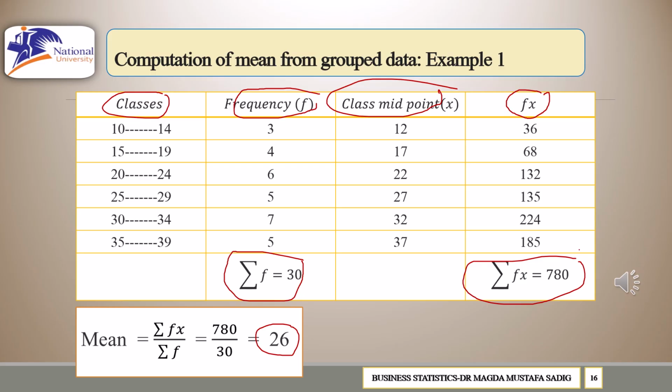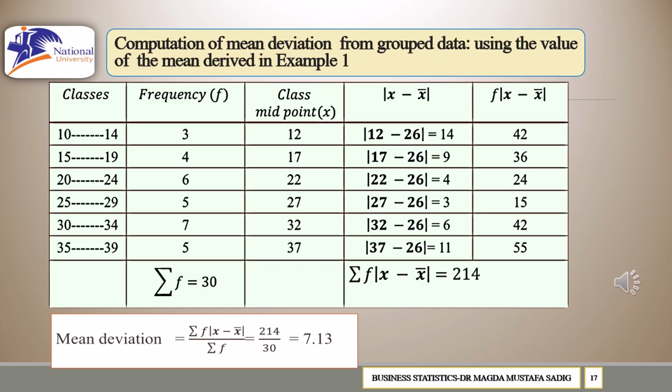So this value of 26 will be used in the following calculation. We are going to use the mean value we computed in the previous slide in order to compute the mean deviations.